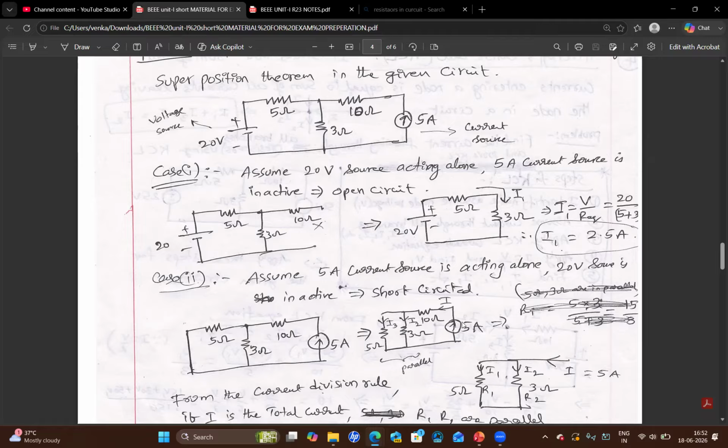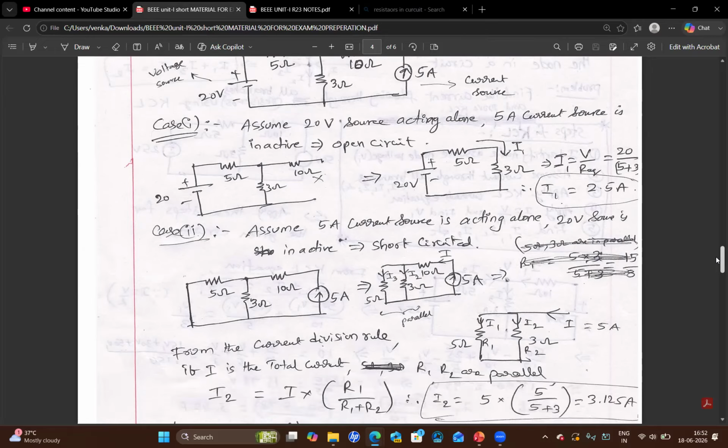The 5 ampere source is the total current, which should be divided into the two parallel resistors. Let us say this is I2 and this is I3. Already we assumed I1 here. So the current is divided across the parallel resistors.